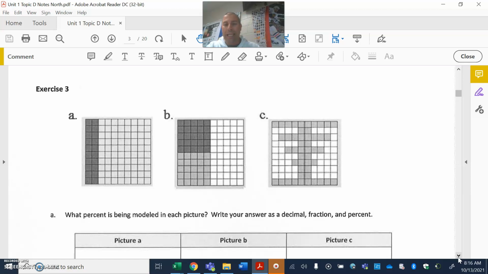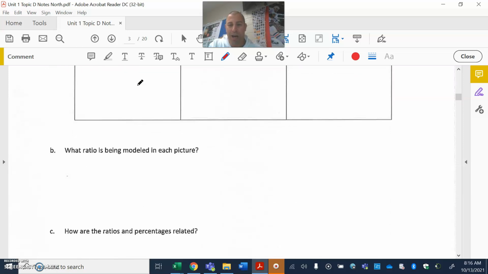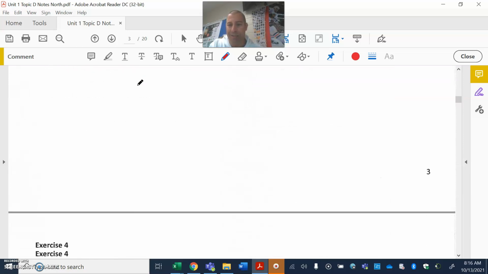If we've got 100 squares, 10 by 10, and we see that 20 of them are shaded, 20 out of the 100, that's considered 20%, because each individual square represents 1%. So we're not too interested in that.